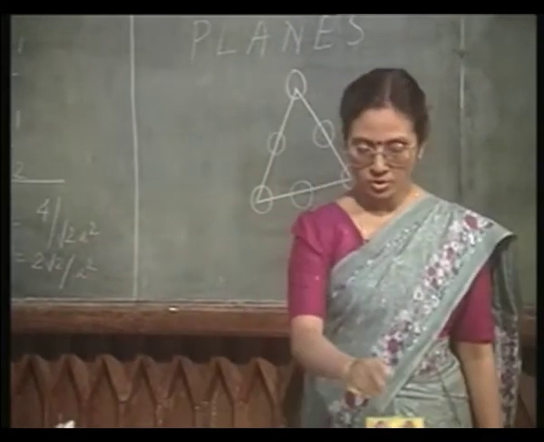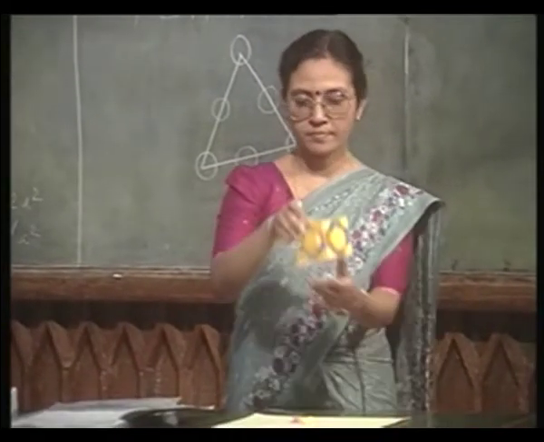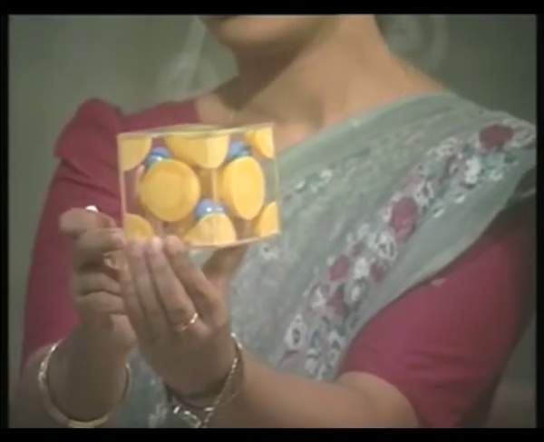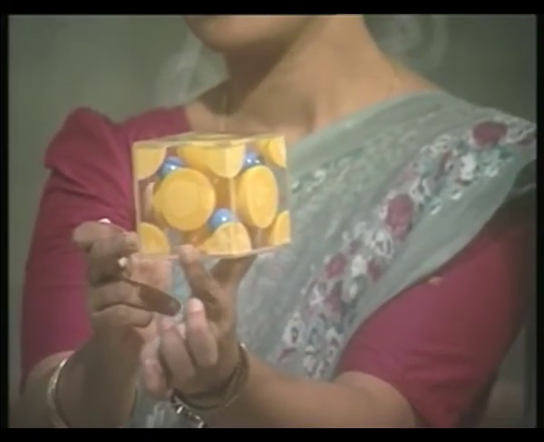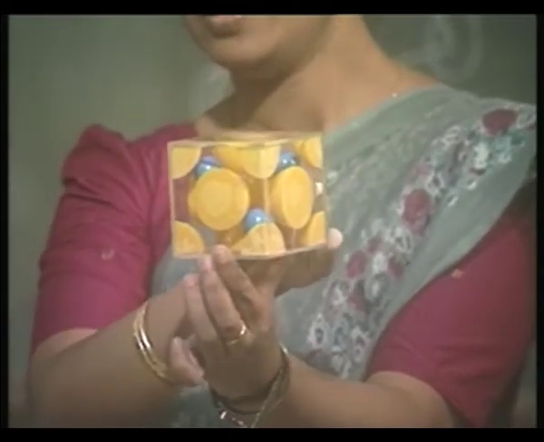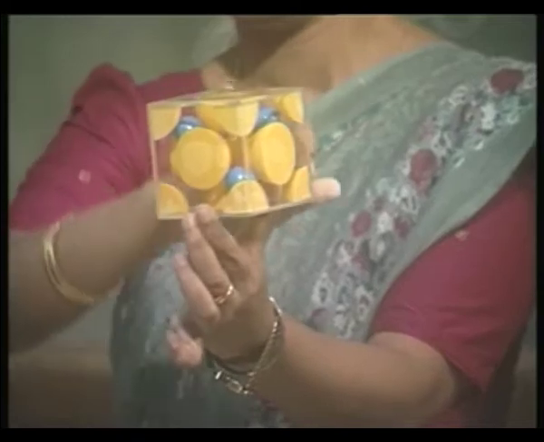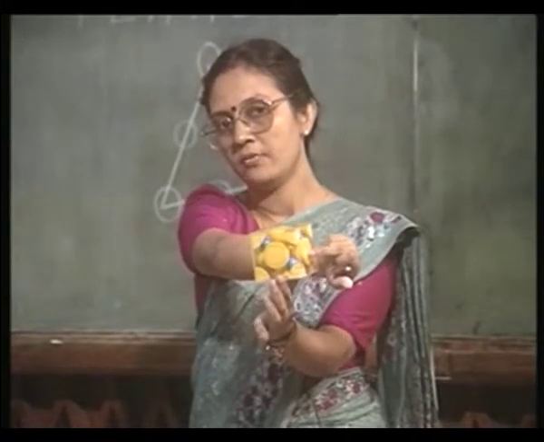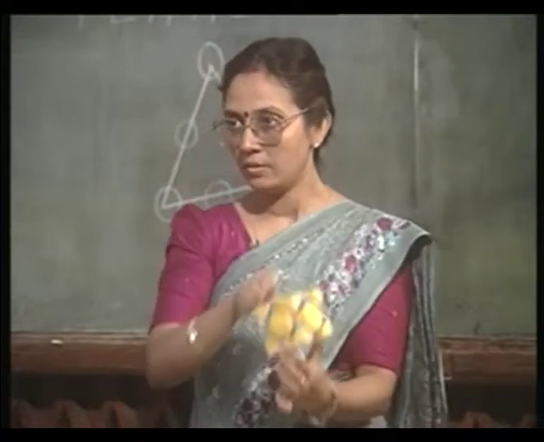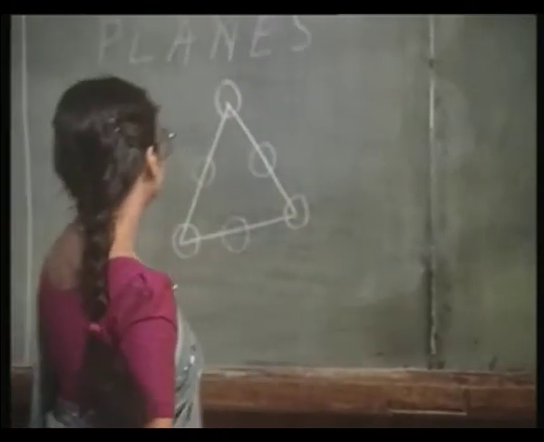You can also look in here. It is going through this diagonal and through the base diagonal. So, you see this corner atom and this corner atom, and in the middle there is a face centered atom at the bottom here. Similarly, on this diagonal there is this corner atom and this face centered atom here. Okay.